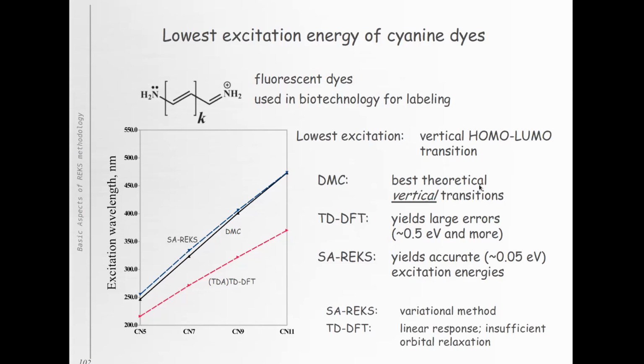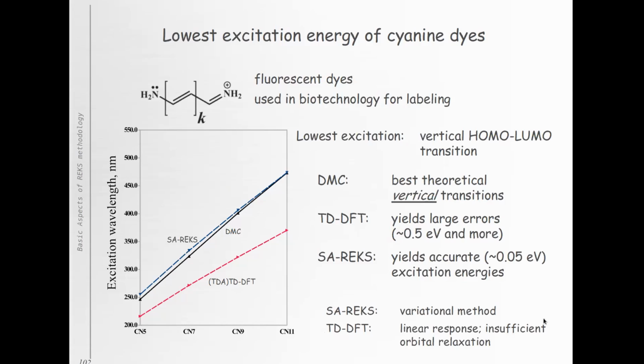And depending on the length of the chain, their excitation wavelengths change almost linearly with the length of the chain. And as you see here, state average REKS or SSR is in very good agreement with the diffusion Monte Carlo methodology.